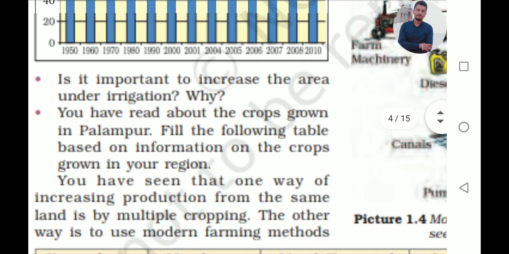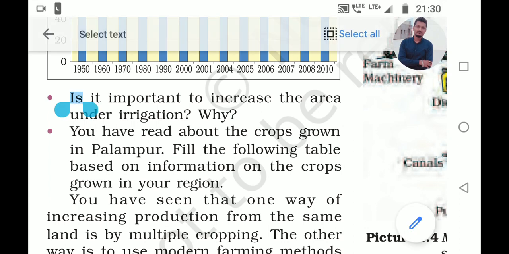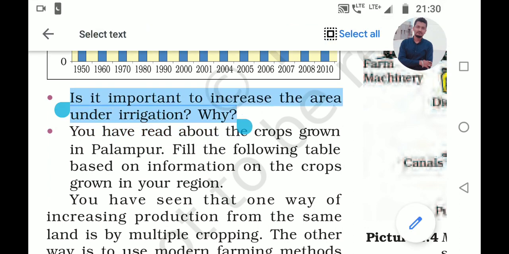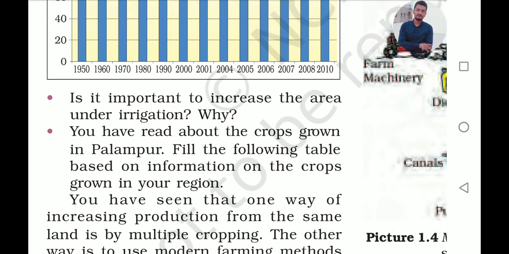Here some questions are there. So one question is, is it important to increase the area under irrigation? Why? Students, for examination purpose also you need to refer to all such questions, because many of the in-text questions are asked. So let's discuss the answer. Is it important to increase the area under irrigation? So yes. And why?